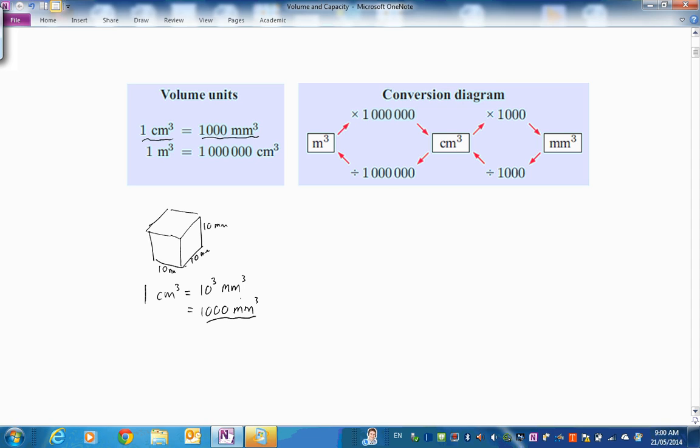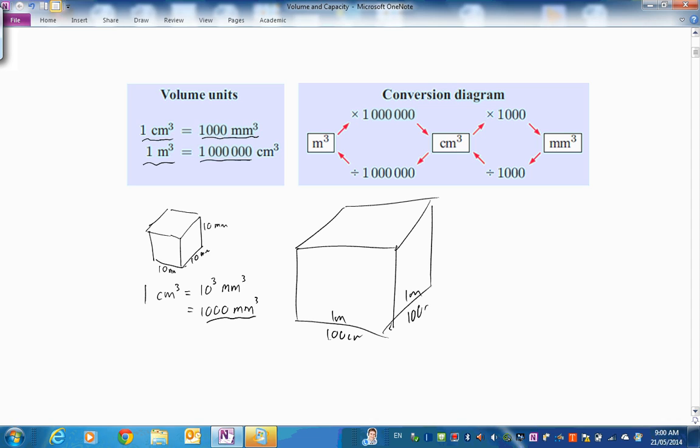You get the idea there. What about 1 metre cubed? How come it's 1,000,000 centimetre cubes? There's only 100 centimetres in a metre, but hang on, it's a cube, mate. So let's have a look here. So if it's a cubic metre, a bit rough this one, that's a metre, but that's 100 centimetres. This is a metre, that's another 100 centimetres.